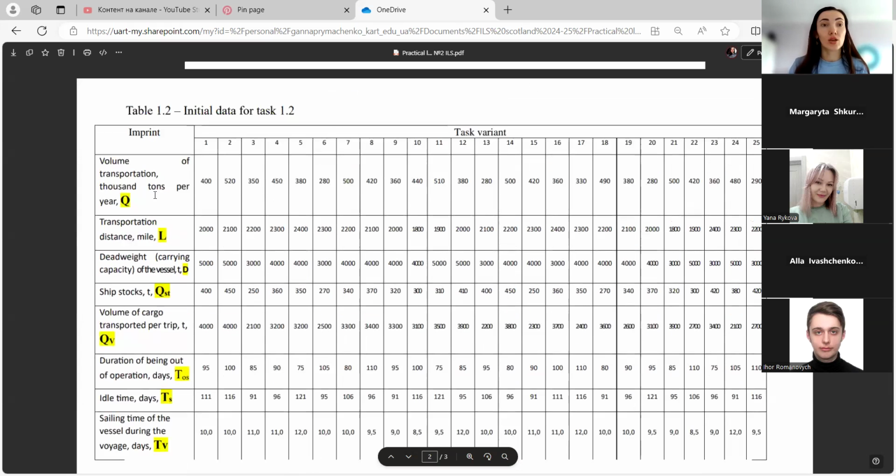It is the fourth line from the top of our table. It is ship stocks in tons, also Q with index st. For example, if you have the first variant, it is 400 tons. Right, please. And write is equal to, and decide it for your variant. The result was in ton.